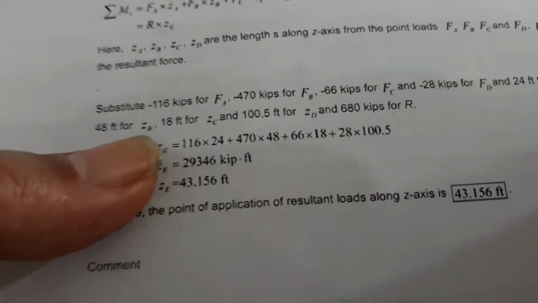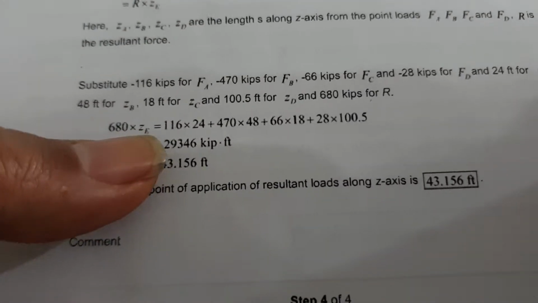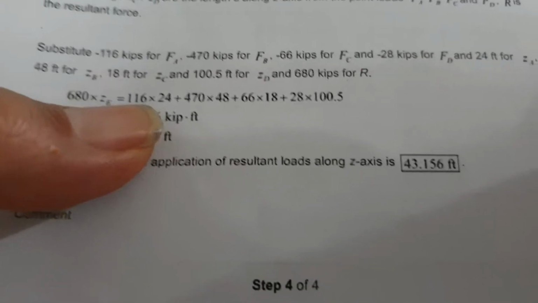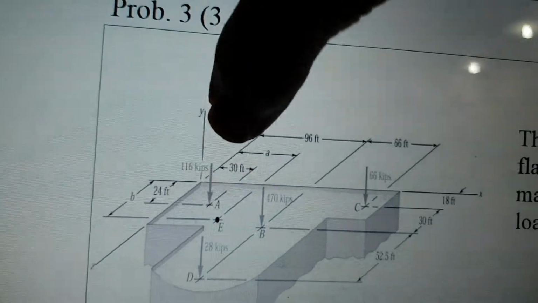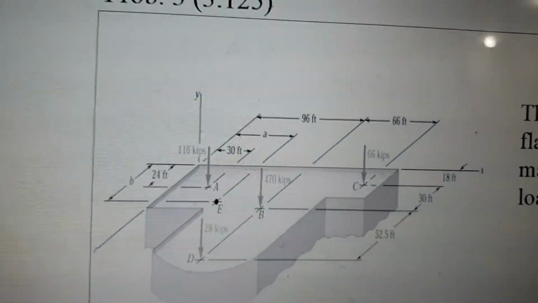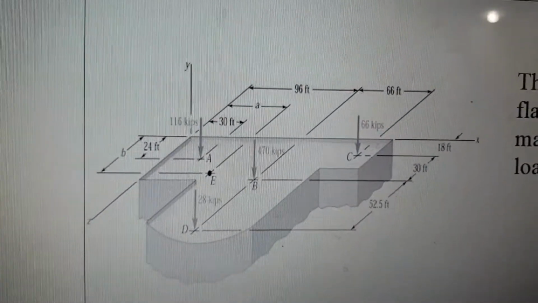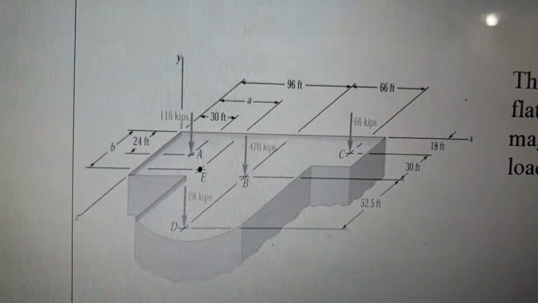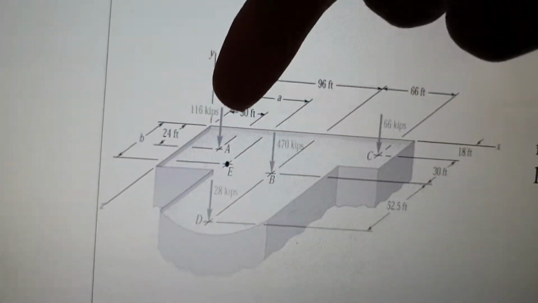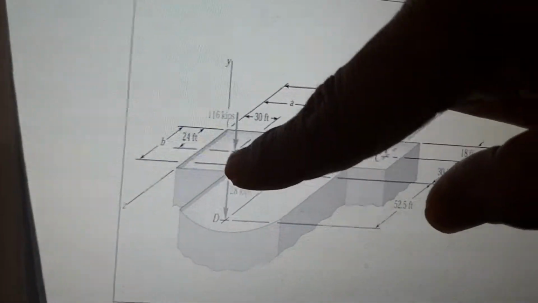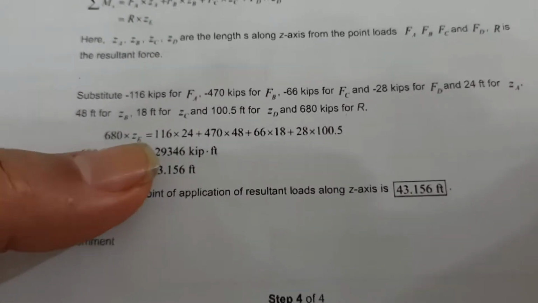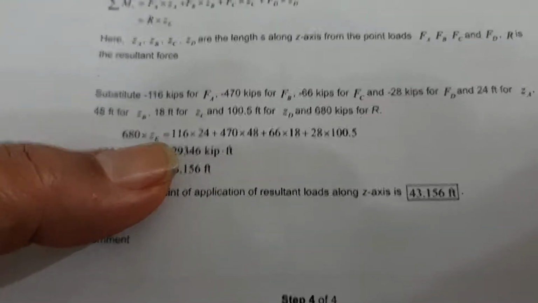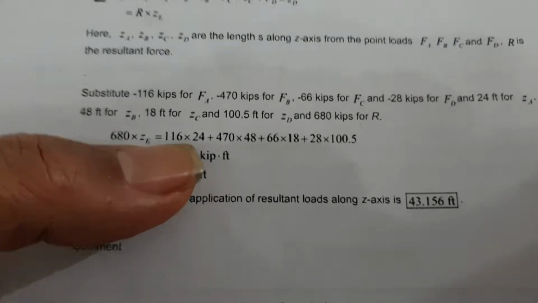The location z equals the first one. Let's see the first one, 116. What is the location of 116 from the x-axis? Of course this is in the z direction, but from the x-axis you can see it's 24. So the resultant 680 times the z, that's the location on the z-axis, equals 116 times 24.